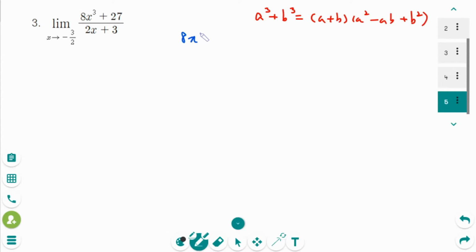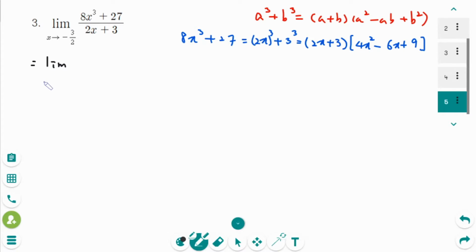So 8x cubed plus 27 equals 2x cubed plus 3 cubed equals 2x plus 3, then 2x squared, which is 4x squared, minus ab, which means 2x times 3, 6x, plus b squared, which means 3 squared, is 9. So we can factor this one into here.